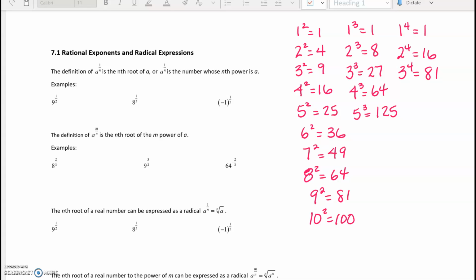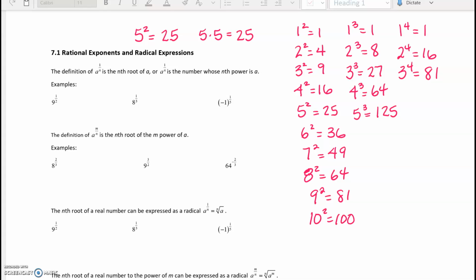I've given you a definition basically of what this power means. You're used to seeing something like I've written over here where I say 5 squared equals 25, and you know that 5 squared means 5 times 5. There's 2 5s, which equal 25.